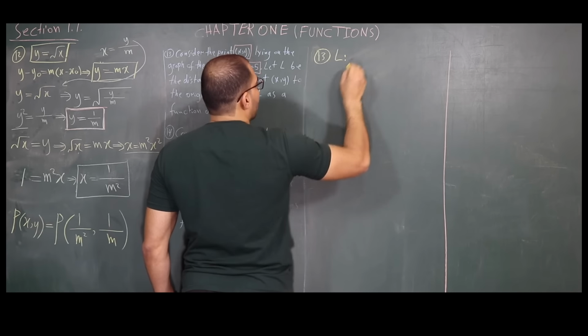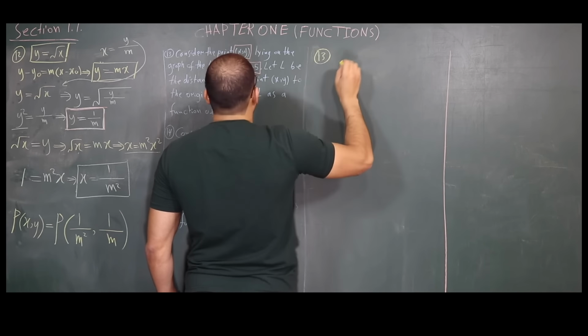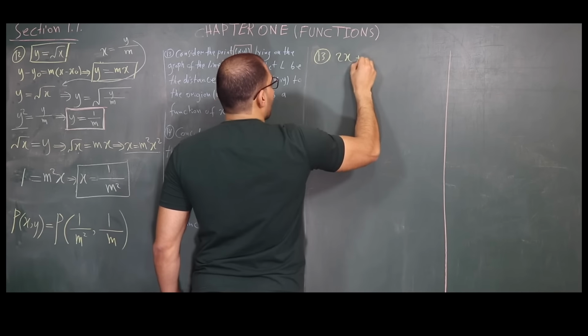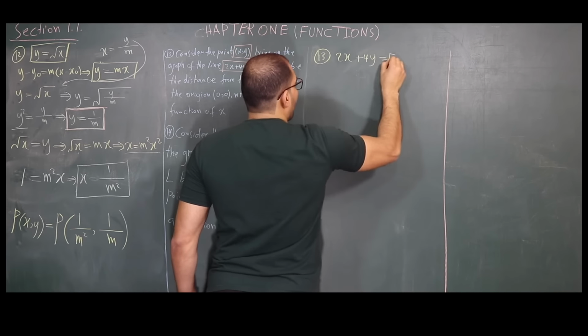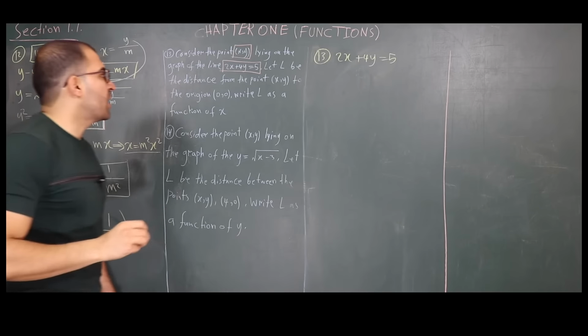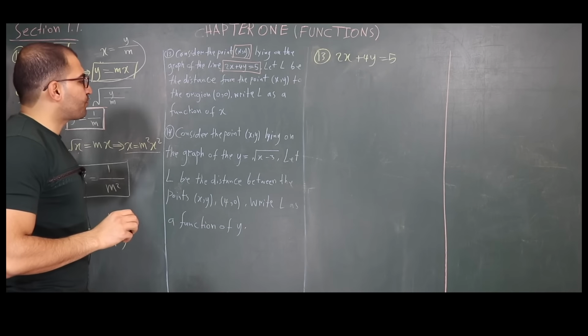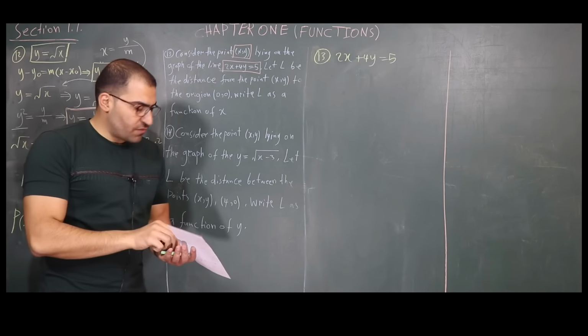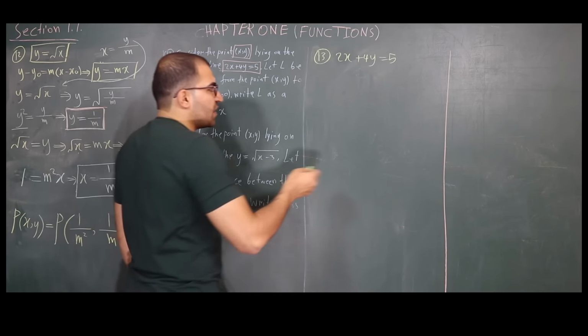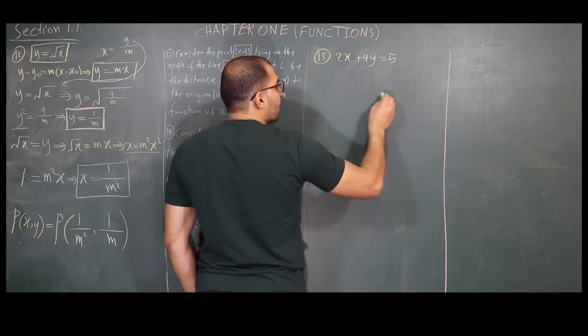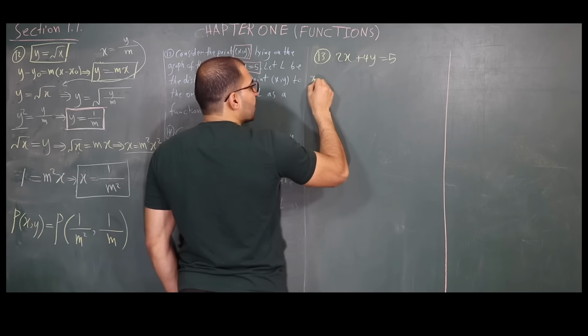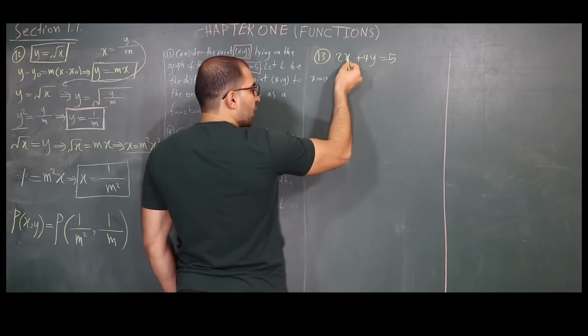So first we have the line 2x plus 4y equal to 5. To plot this line, just to make things easier, you can first put x equals 0 here.